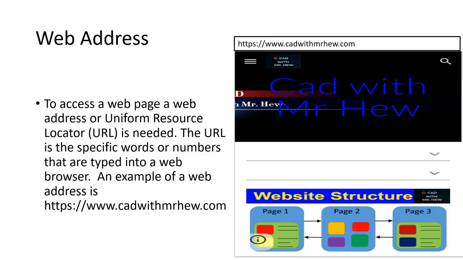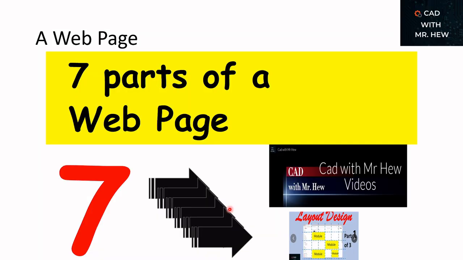An example of a web address is https://www.cadwithmru.com. This is an example of a web address, but it's not a real address that exists. Some time ago, I made a video on the 7 parts of a web page, so perhaps you could visit that video, okay?